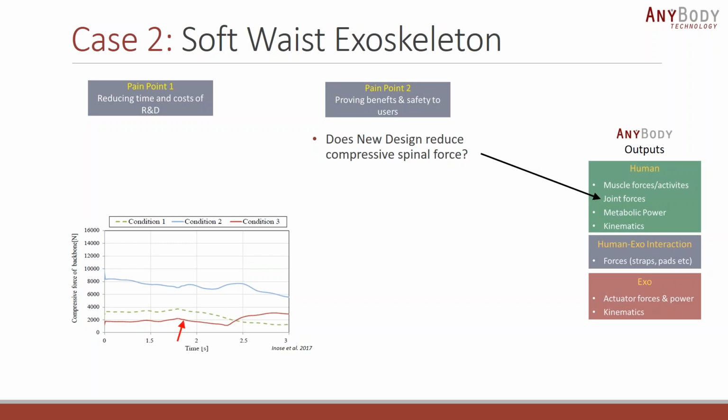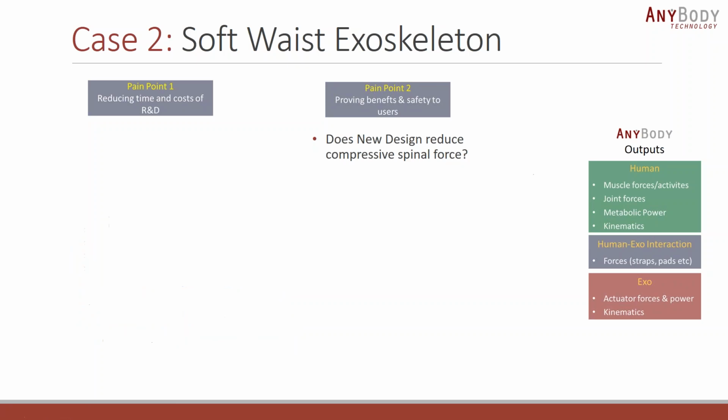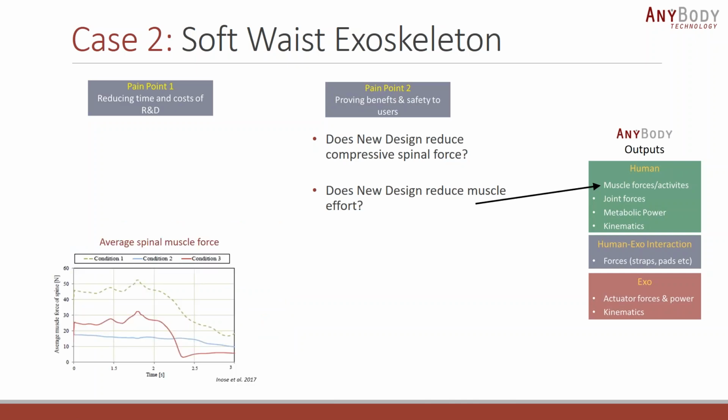In condition 3, where they were trying to simulate the force reduction mechanism, you can see how the compressive force on the backbone reduced, and for certain durations actually fell even below the condition where no exoskeleton was used. So this was the joint forces. It seemed like the force reduction mechanism was doing its job. But how exactly does this new design reduce muscle effort? Does it do a better job than the old design? For this, they looked at the average spinal muscle force.